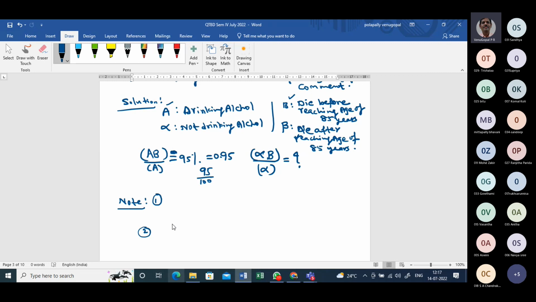If at all I have to say the given statement is right, then I write AB by A is greater than alpha B by alpha. If AB by A is greater than alpha B by alpha, then it will be true.